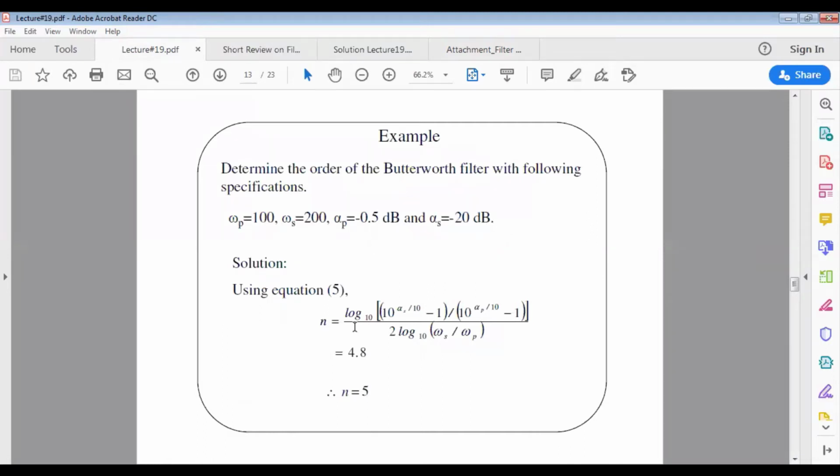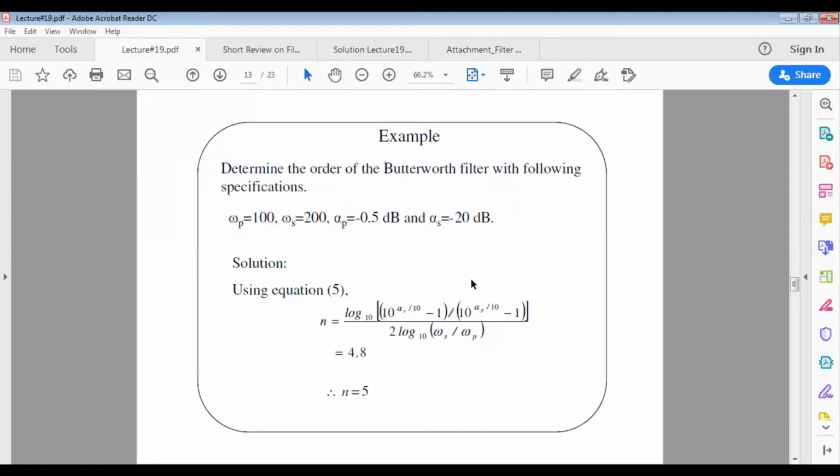By using equation number 5, we substitute all of these 4 terms in the equation, and we are supposed to get a value of 4.8. Since 4.8 is bigger than 4, the actual value of n shall be equal to 5. So for the filter with this specification, the filter order shall be equal to 5.